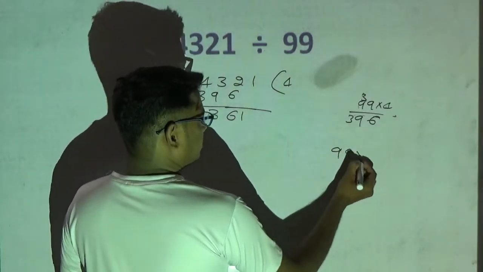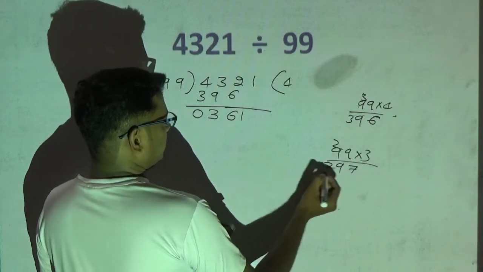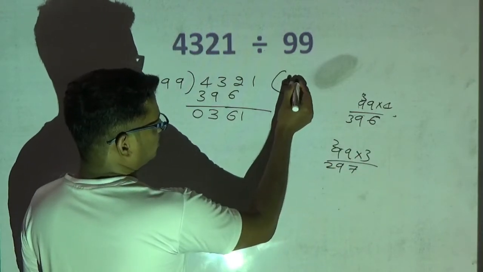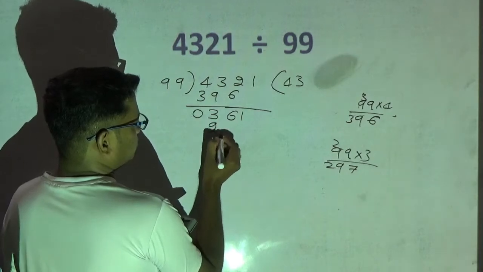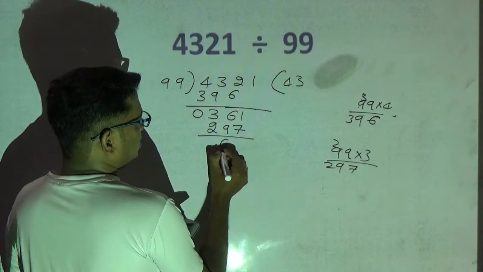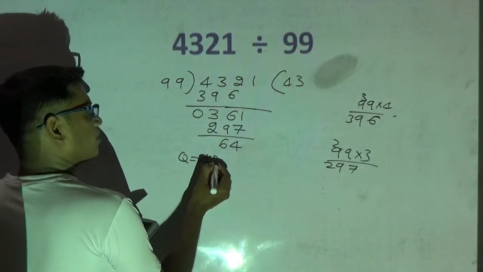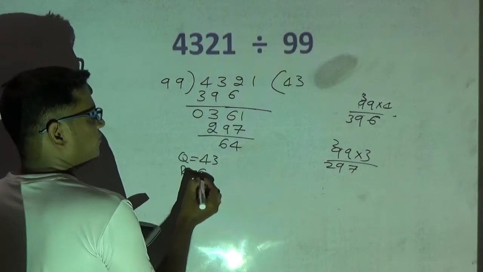Again 99, 3 times is 27, 27 plus 29. 4 times will be bigger, so 3 times is 297, and this will be 64. See, the quotient I got is 43, and the remainder I got is 64.